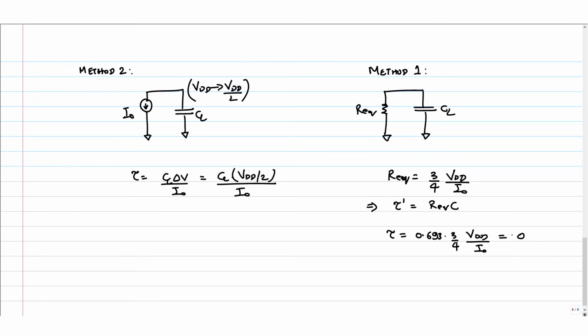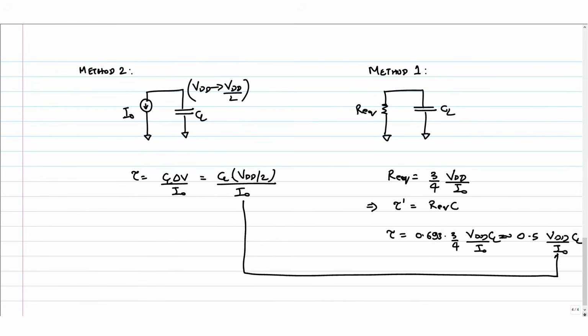So this is approximately, again we'll get 0.51 or 52 or something like that, into CL by I naught. Now these two answers indeed do match, right.